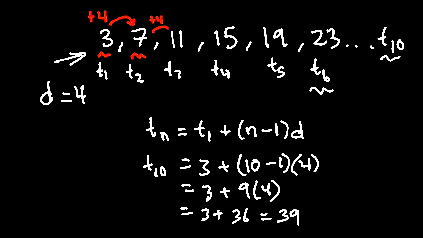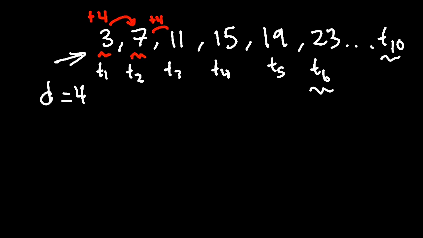Now, what if we wanted to find the sum of the first 10 terms in this sequence? Let me just write 39 here. That's term 10, so that we know.